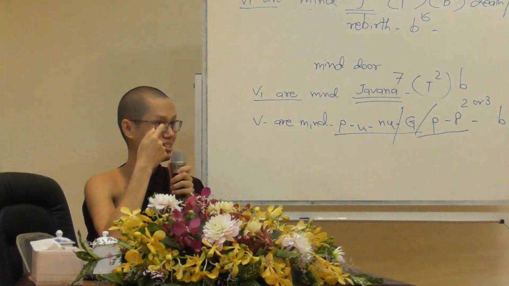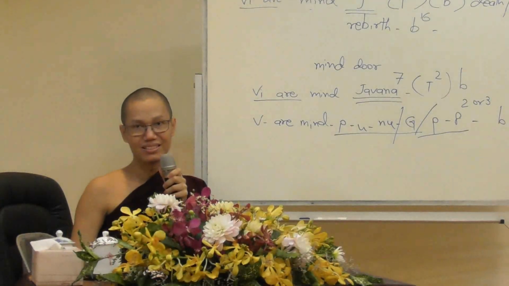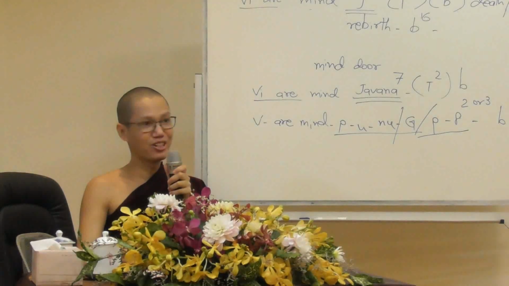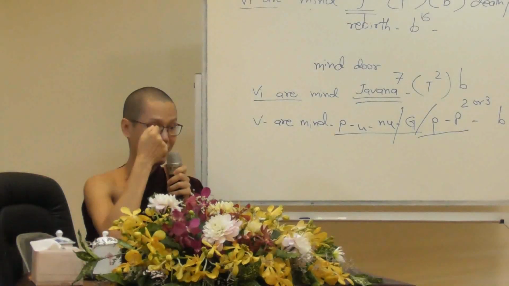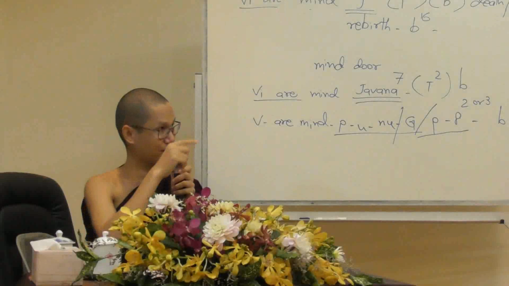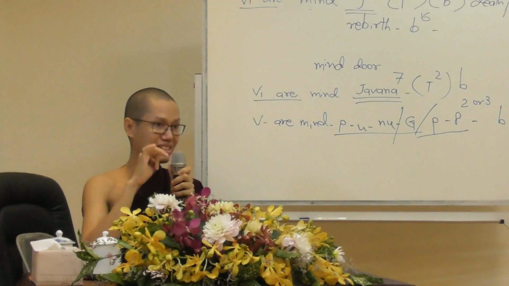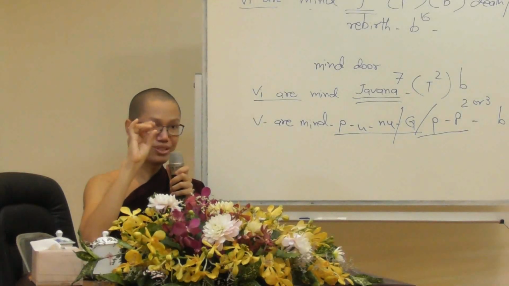One must have eye sensitivity. For someone blind, no one can create seeing; they will not see. So, if there is eye sensitivity, a visible object, light, and attention, these are the four causes.